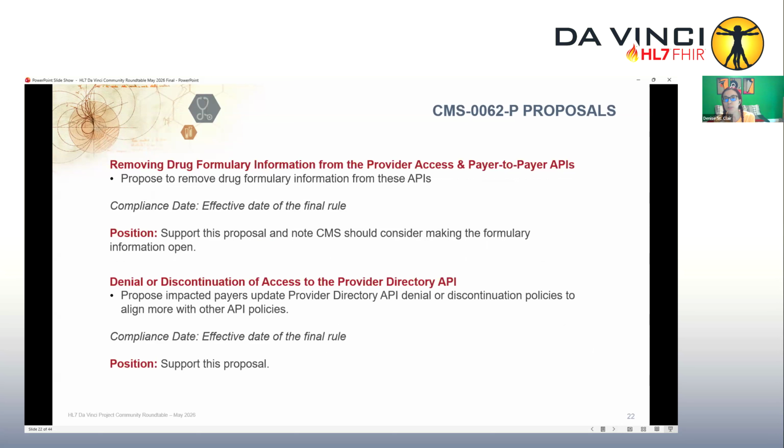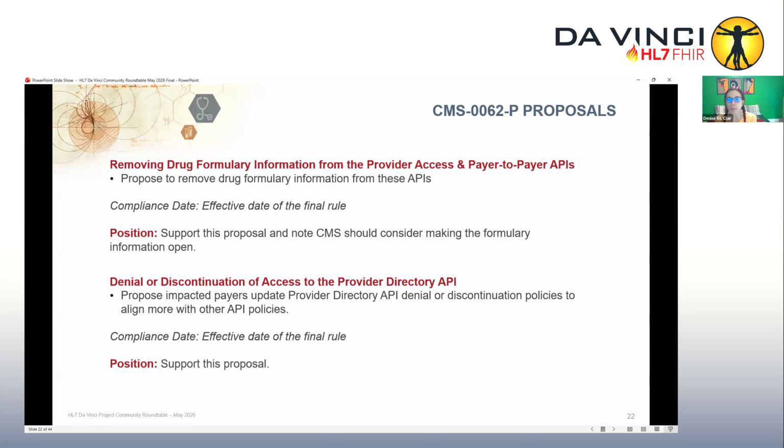So this is something where you could technically make formulary information openly available as people are shopping for plans. It was one of the intents of the original IG, just like they do for provider directory, to make that available. People can see which doctors are available to me under this plan, which formulary composition is available to me under this plan without having to go to a bunch of different payer sites or portals. So that's one suggestion the community is making, but overall supports the proposal.